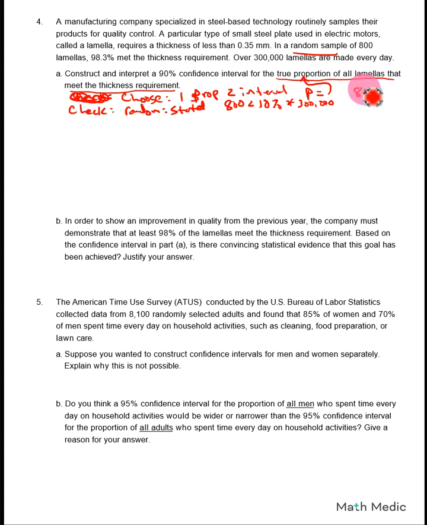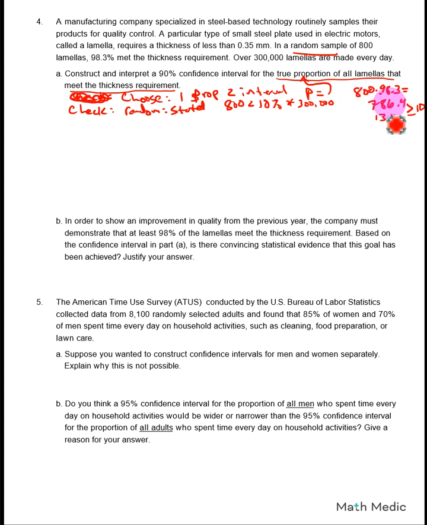And 800 times 0.983 is 786.4, so that means those are our successes, and then we have 13.6 failures, so both are greater than or equal to 10. So we're okay with normal. You need to write it out a little better than I do.